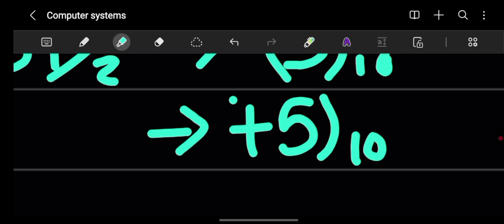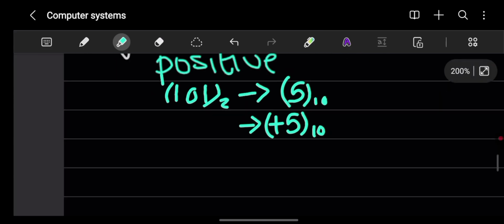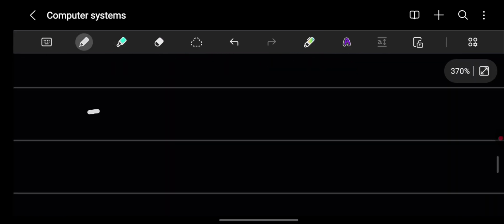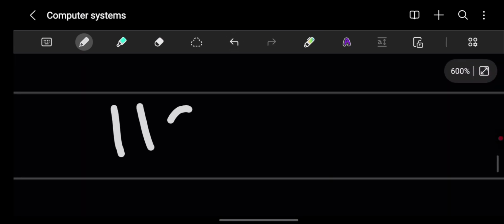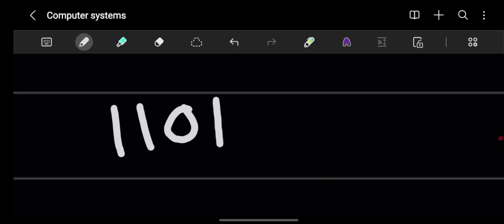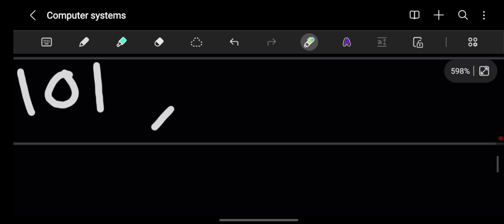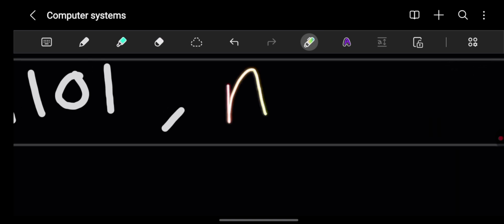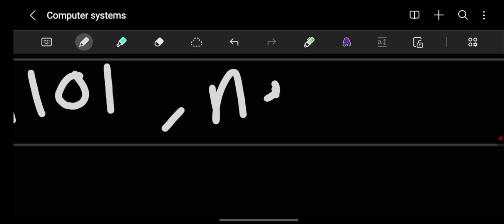You can do this in the base 10 system, right? Now let's take a look at this. So if I had maybe 1101 and I was asked to convert this to decimal form using sign and magnitude, I'd first have to look at the first bit, and that is 1. So this tells us the number is negative.